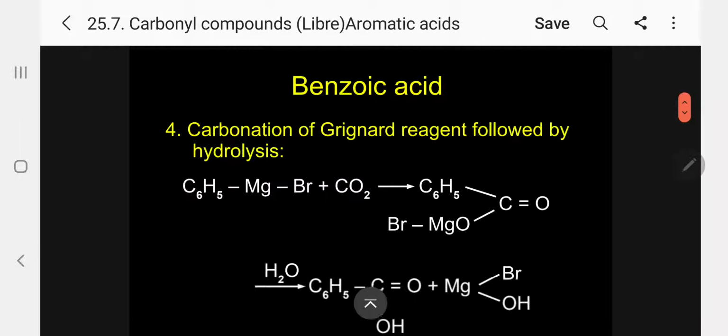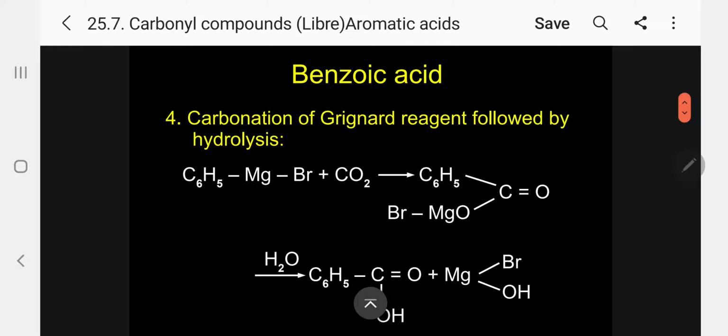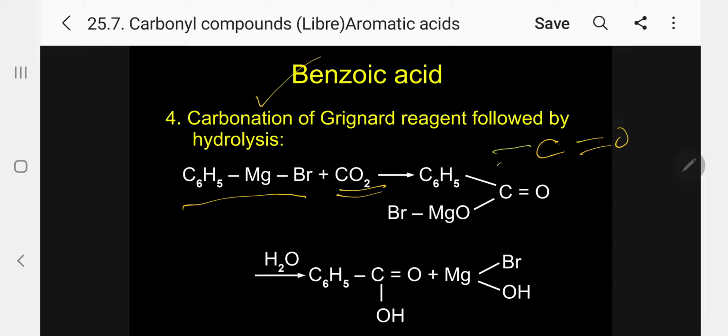Then, the fourth method, we have already discussed under the Grignard reagent. That is carbonation of Grignard reagent followed by hydrolysis. Kindly follow. That means when you treat Grignard reagent with carbon dioxide, we know the formula. So the Grignard reagent addition takes place. In what way?